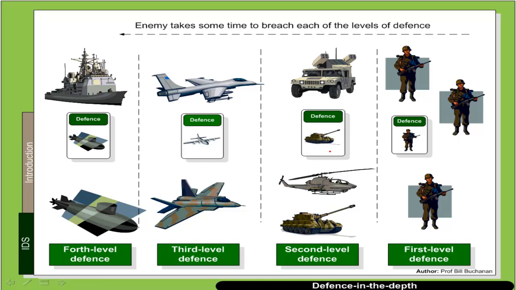Okay, so what are some of the key concepts that we have related to security and especially in defending against intruders? Well, one of the key concepts is called defense in depth. With this we use several different lines of defense, each with different types of defense. In this way it becomes increasingly difficult for somebody to penetrate each of the layers of defense.